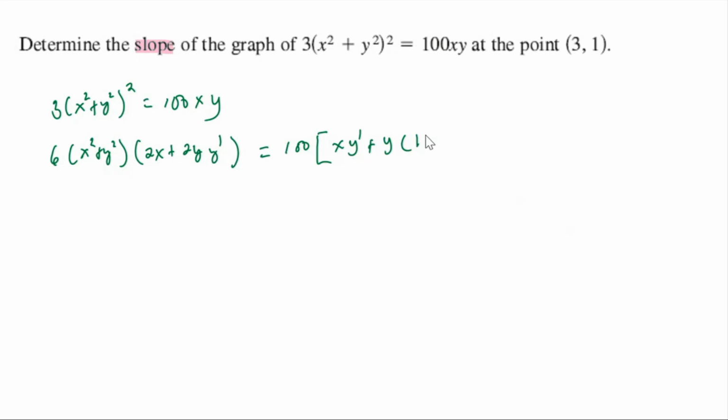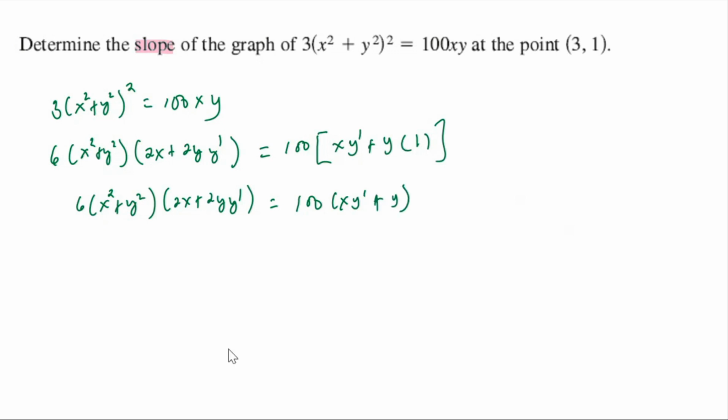which is just equal to 1. So simplifying this one, I can write now 6 times, I will just copy this on the left hand side, 6 times the quantity x squared plus y squared times the quantity 2x plus 2y y prime is equal to 100 times xy prime plus y, because y times 1 is just equal to y.